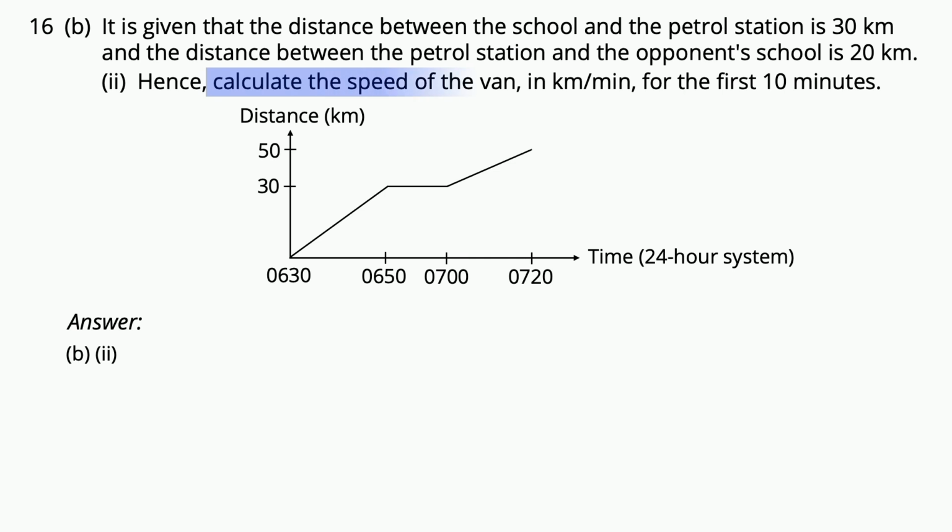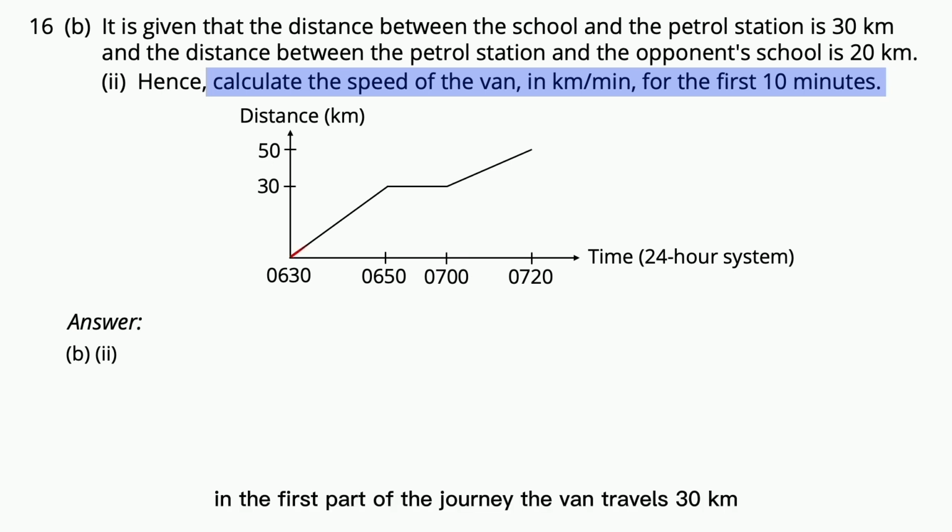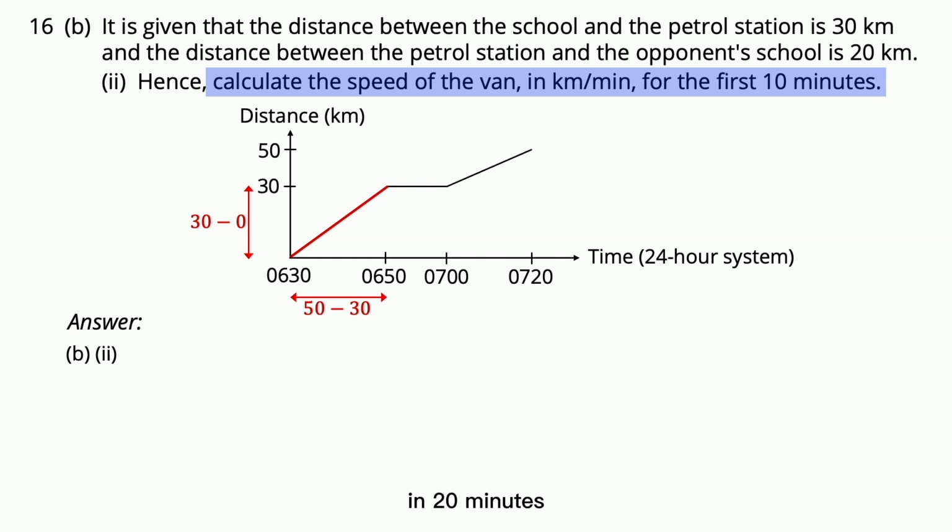2. Calculate the speed of the van, in km per minute, for the first 10 minutes. In the first part of the journey, the van travels 30 kilometers in 20 minutes. Speed equals the change of distance divided by the change of time.